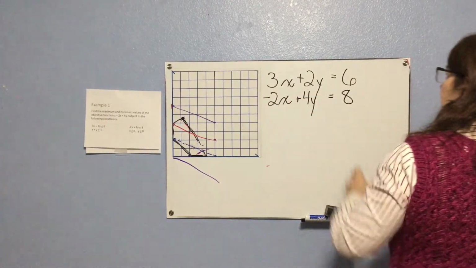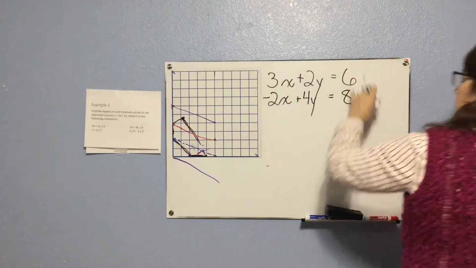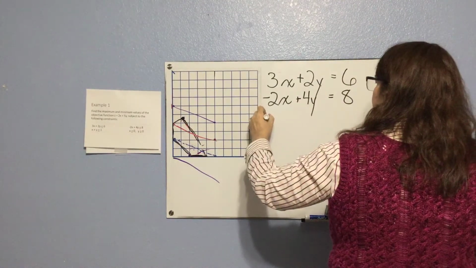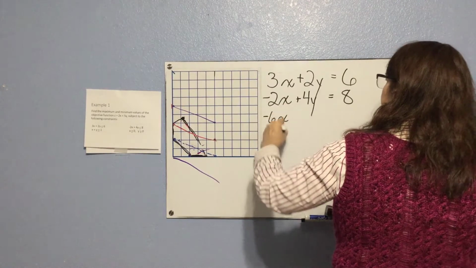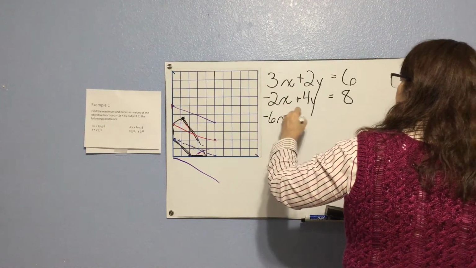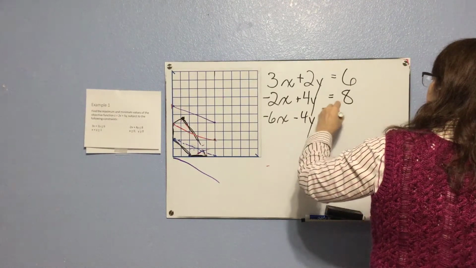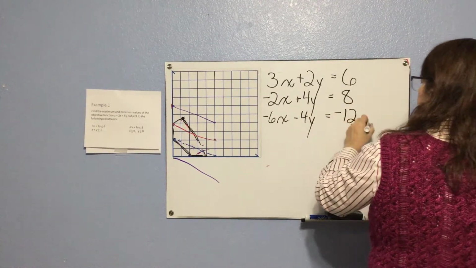Okay, it looks to me like multiplying this one by -2 might be a good choice to get rid of the y's. So -6x, -4y, and -12.